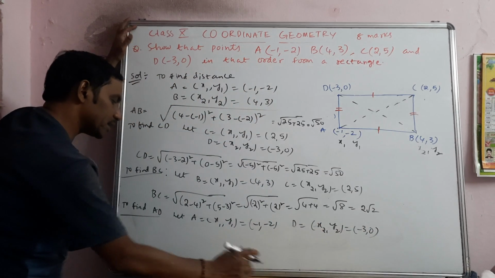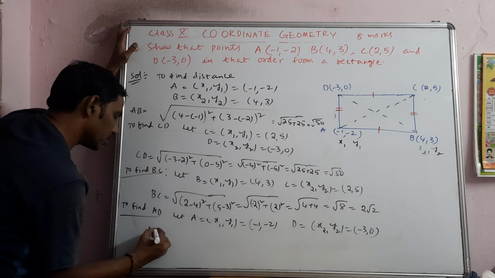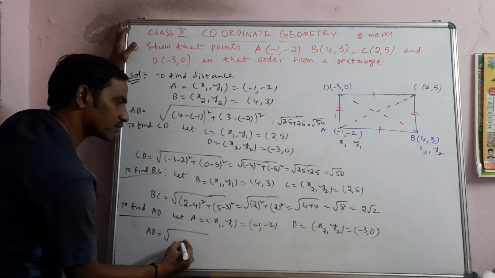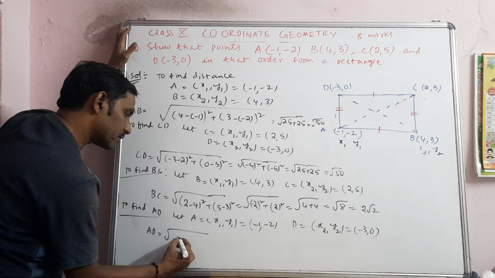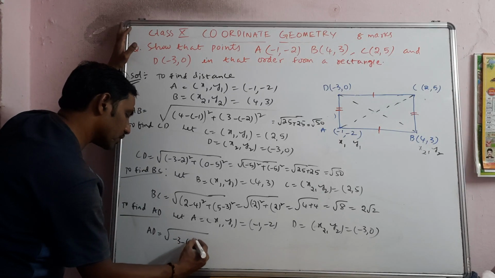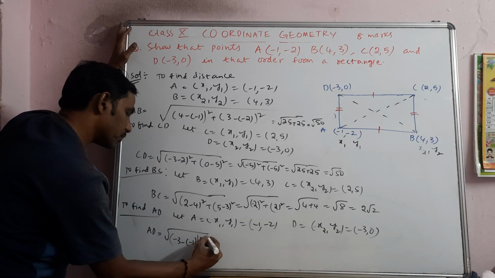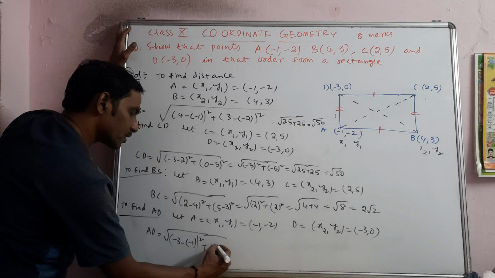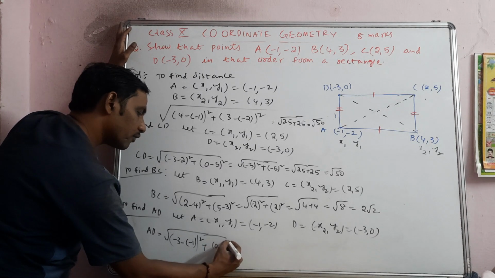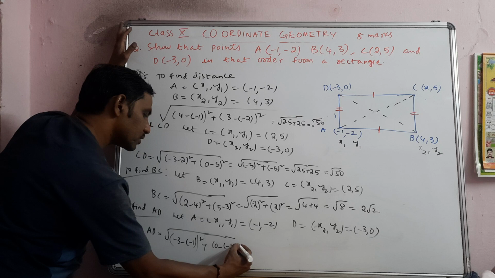Now when you are writing this AD, take root of x2 minus x1, so minus 3 minus of minus 1 whole square, plus y2 minus y1, means 0 minus of minus 2 whole square.